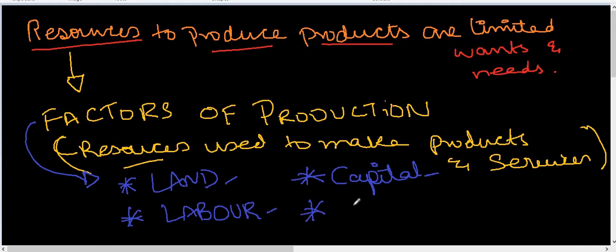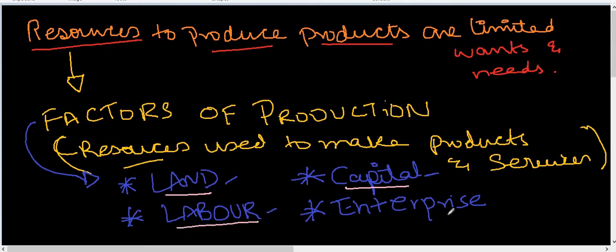And then enterprise. Enterprise is a skill you need to manage these three. So you'll be managing this, this, and this. This skill or position is also called entrepreneur.